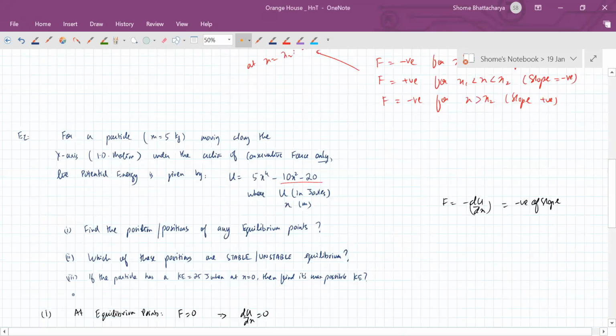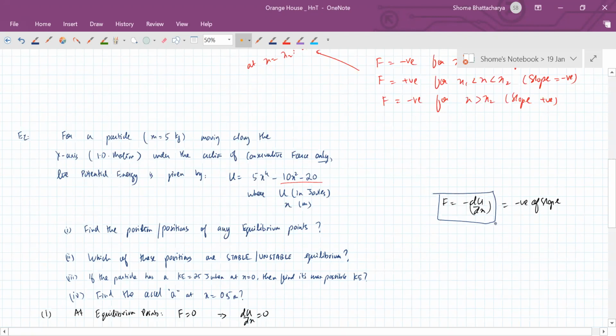Now, for example, I'm coming back to this, but if we add a part that asks to find the acceleration at x equal to, let's say, 0.5 meters, then for this, we'll first have to calculate the force at that point. So then, yes, we need the force from this formula.